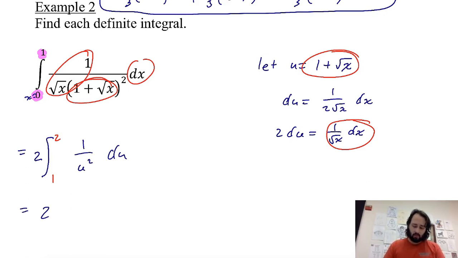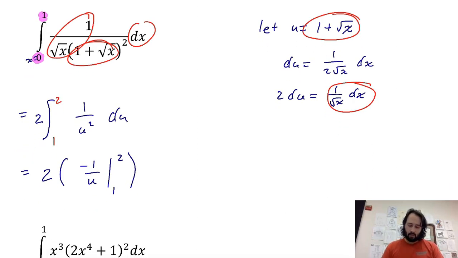So this would be 2 times the antiderivative of, let's see, u to the negative 2, so negative 1 over u. I don't need the plus c, but from 1 to 2. And I don't need to substitute back in x. If I substitute back in x, then I need to change my limits, so you could do that.